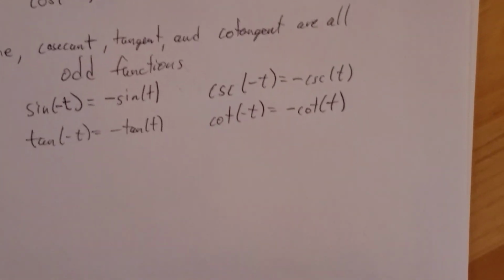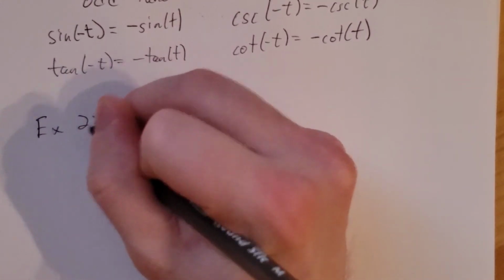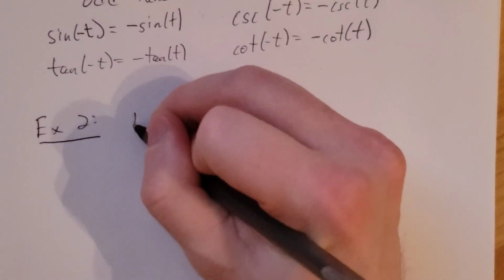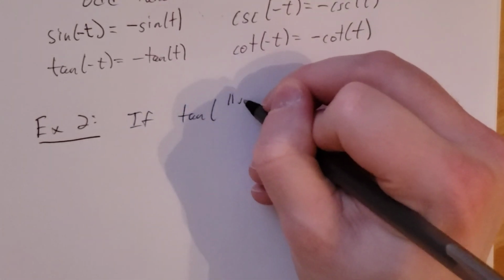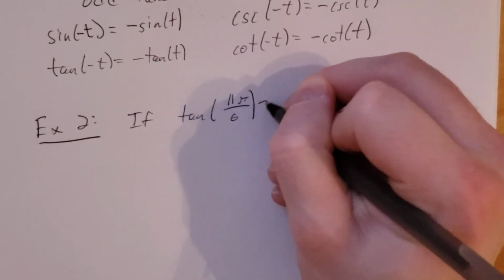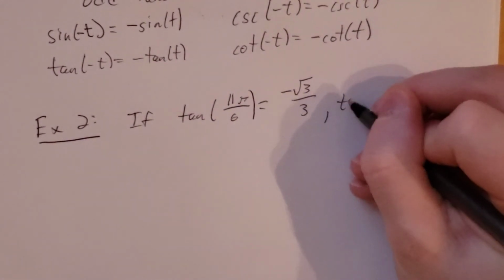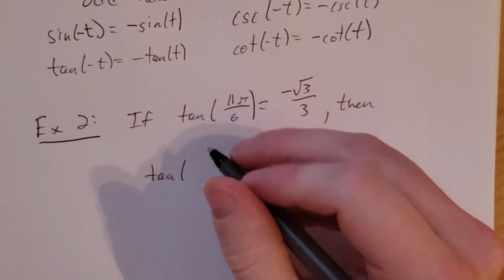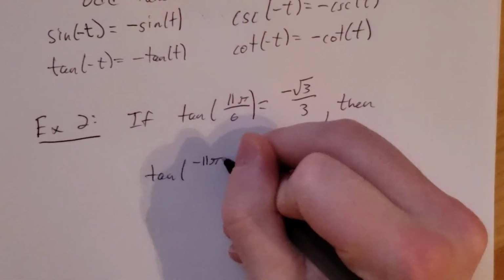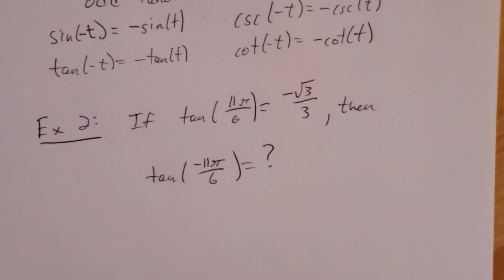So if we use a quick example, using that, notice that if tangent of 11 pi over 6 is equal to negative root 3 over 3, then what is tangent of negative 11 pi over 6? What is that equal to?